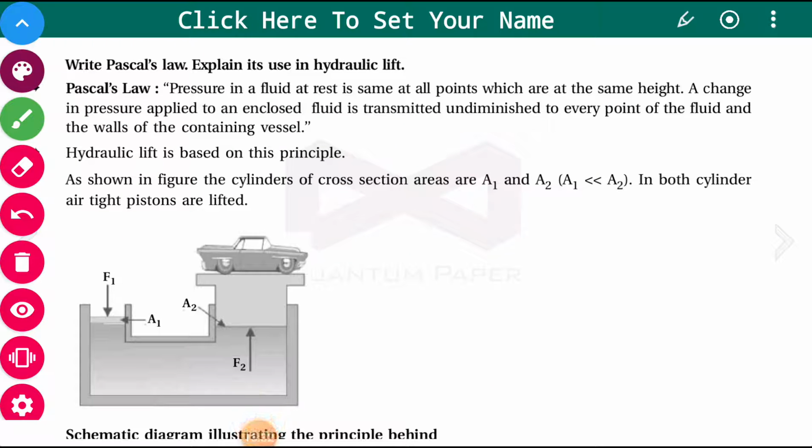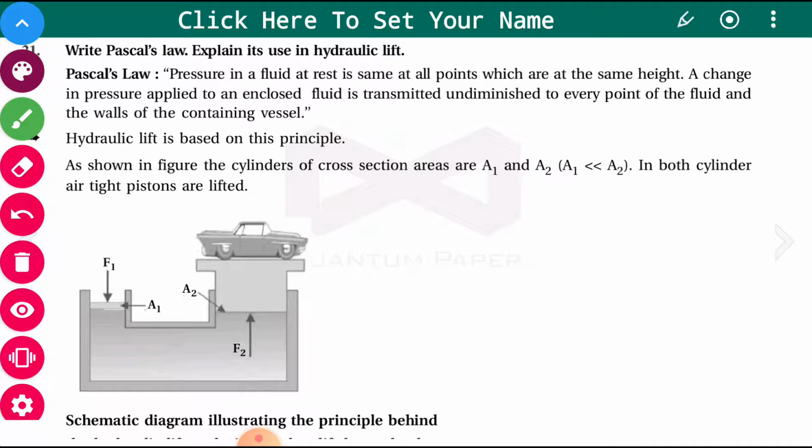Now Pascal's law, as you know, states that pressure in a fluid at rest is the same at all points which are at the same height. By using this law we can explain how the hydraulic lift works. A change in pressure applied to an enclosed fluid is transmitted undiminished to every point of the fluid and the walls of the containing vessel.